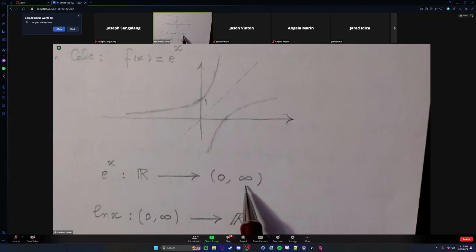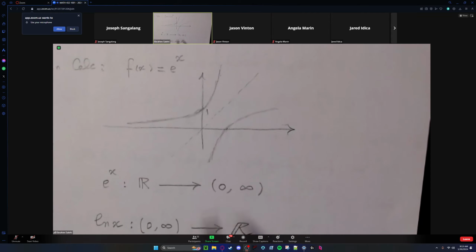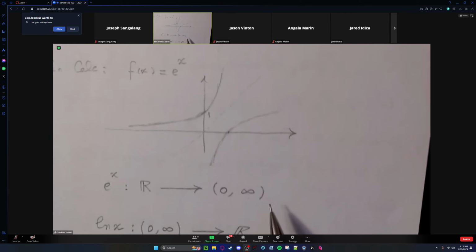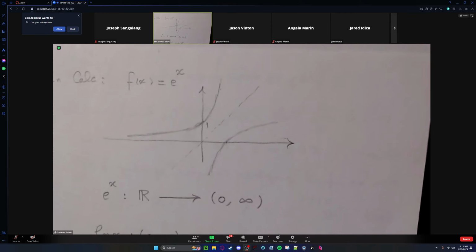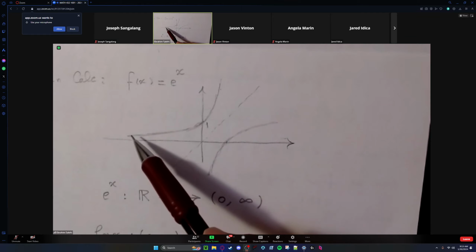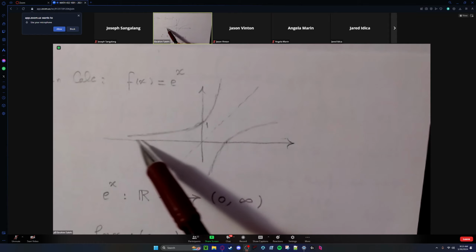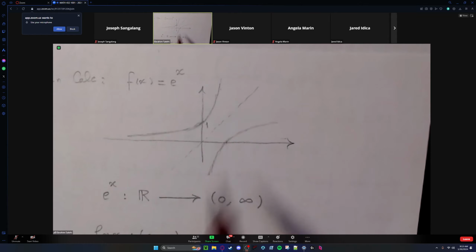Its domain is everything, but when it comes to output, it's always positive, between 0 and infinity. One more thing: this function is strictly increasing, one to one.